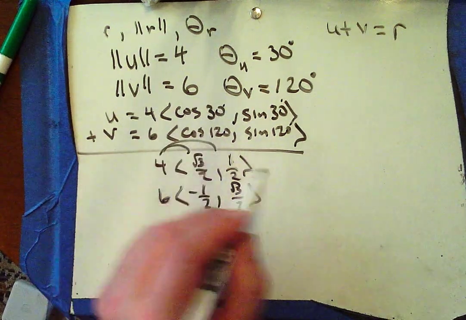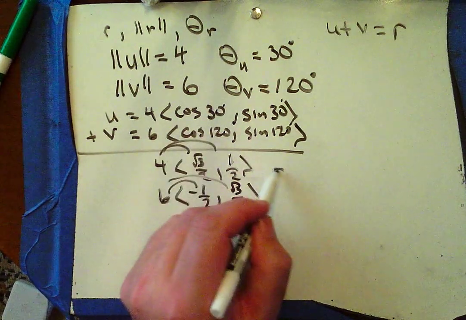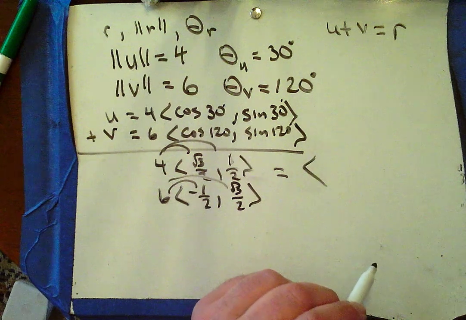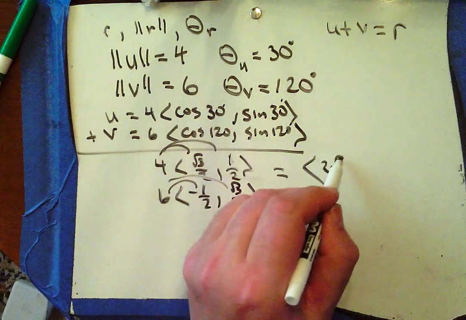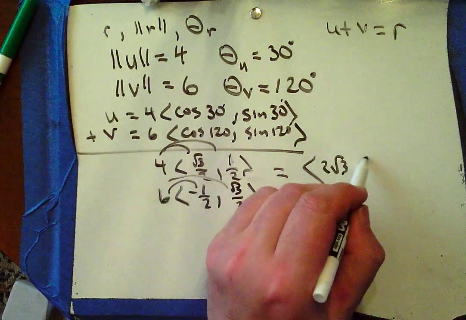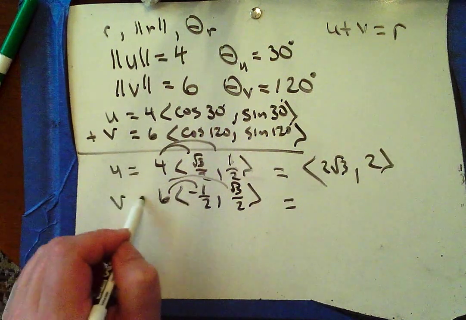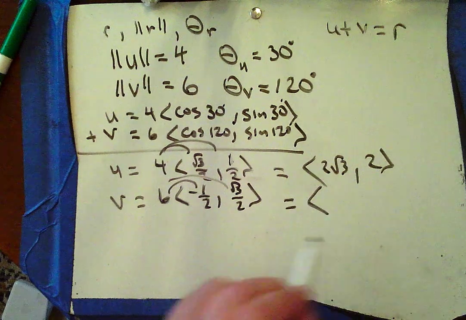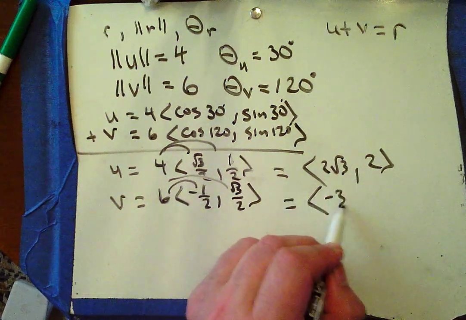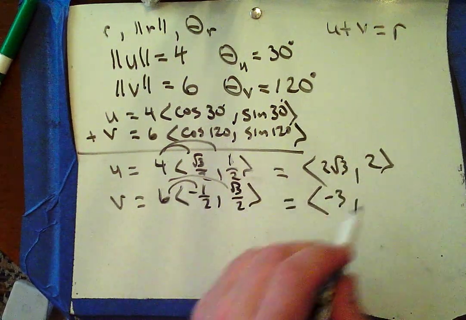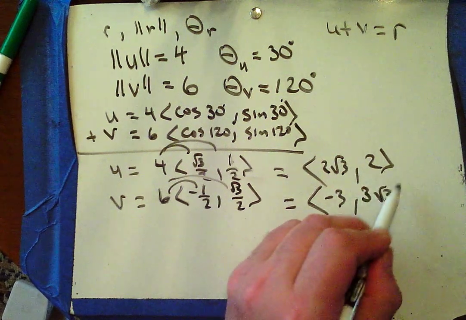When I distribute the magnitude in, I end up with u being 2 root 3, comma 2, and v being, don't lose that negative, negative 3, comma 3 root 3.